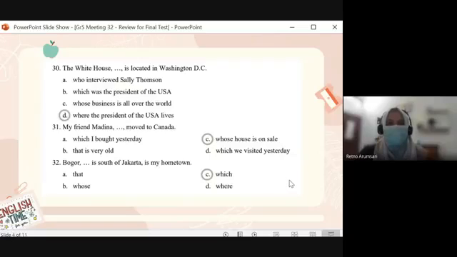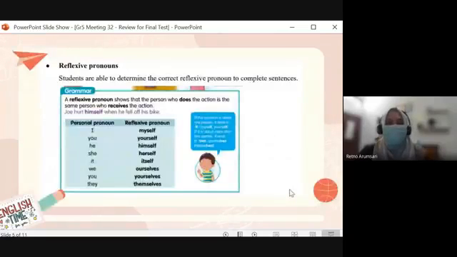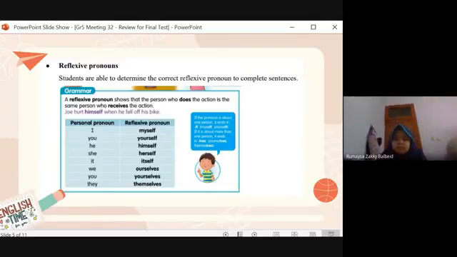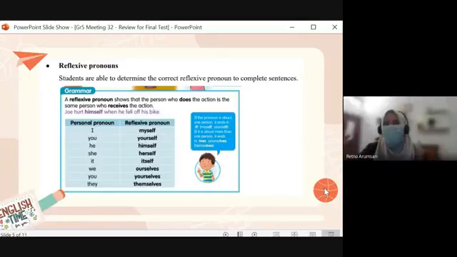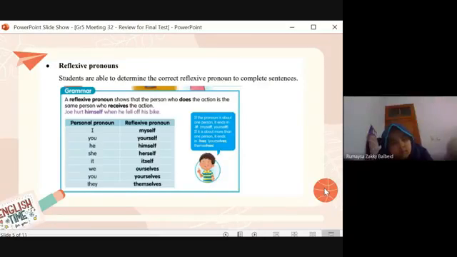Next, reflexive pronouns. You need to be able to determine the correct reflexive pronoun to complete sentences. What is a reflexive pronoun? You use a reflexive pronoun when the person that does the action is also the person who receives the action.